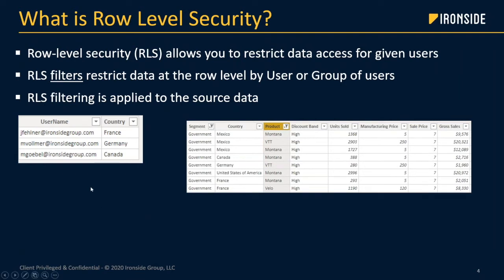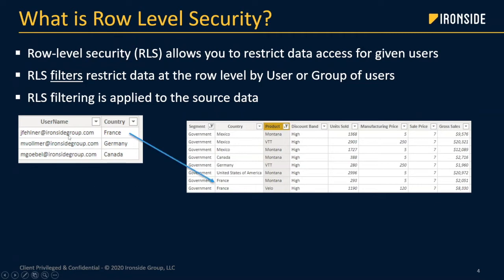And so what is row-level security? I've got a nice little diagram here, but we're going to use an example of my colleague John Fellner. So John Fellner logs in, and he has a table set up that has his security in it, where he can only see the country of France. So if he has a report, let's say this is the master data that's available to John in the data set, okay?